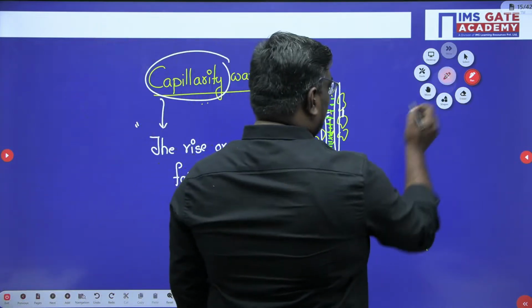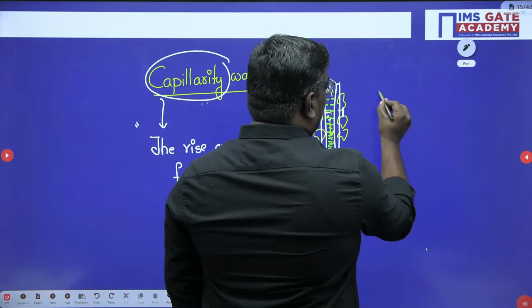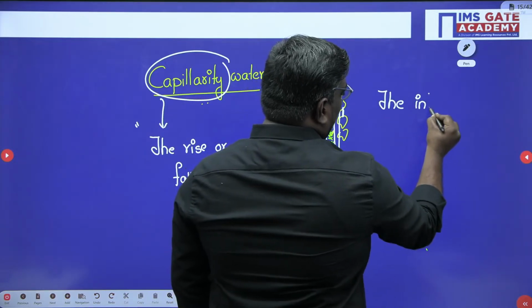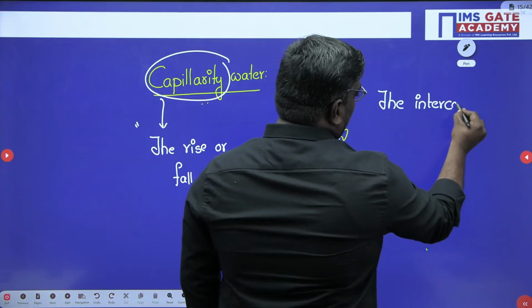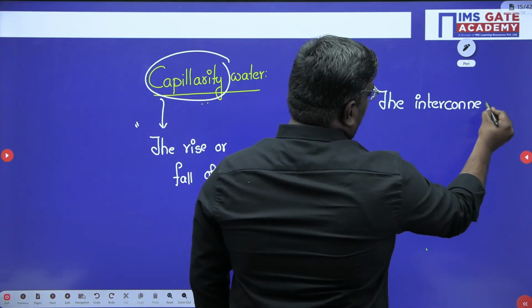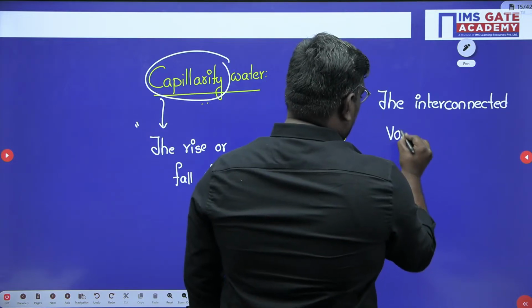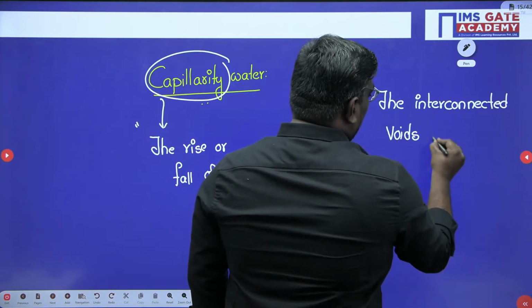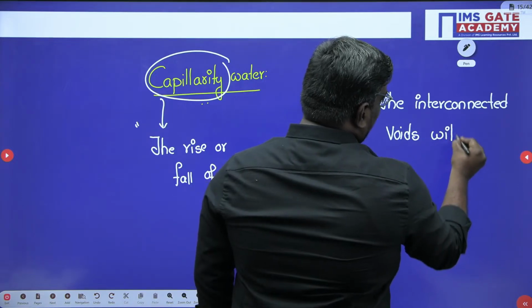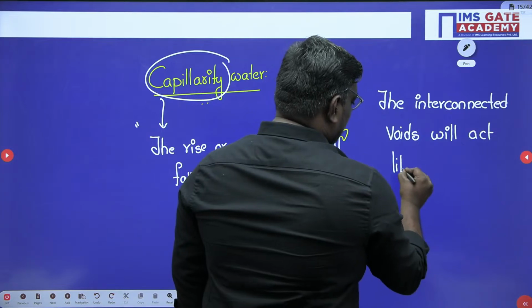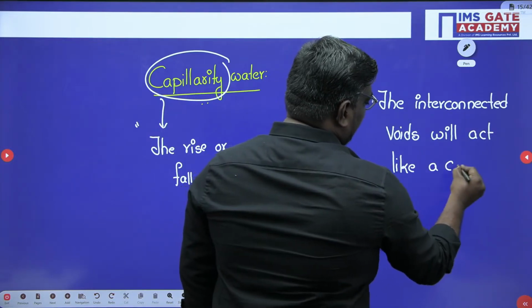Now see, let me tell you. The interconnected voids will act like a capillarity tube through which water rises or falls.